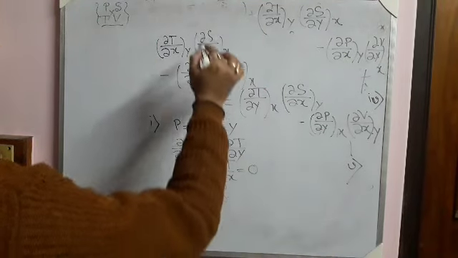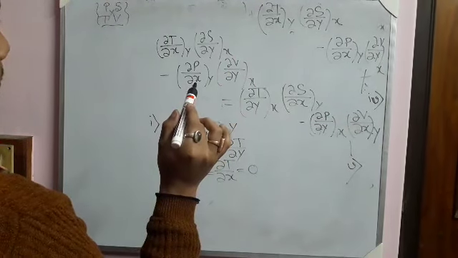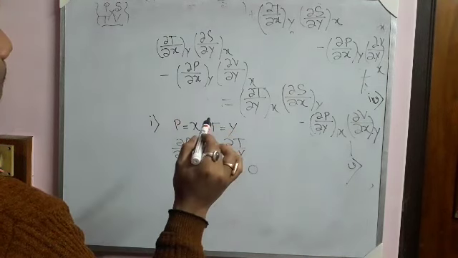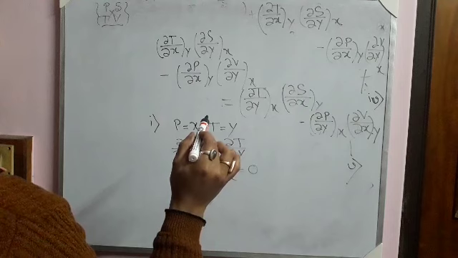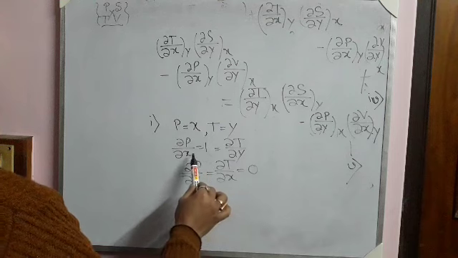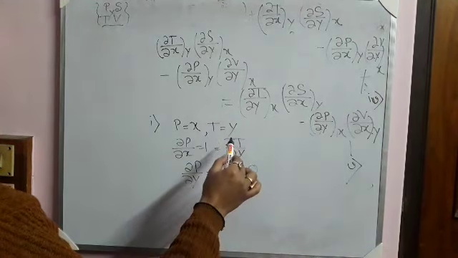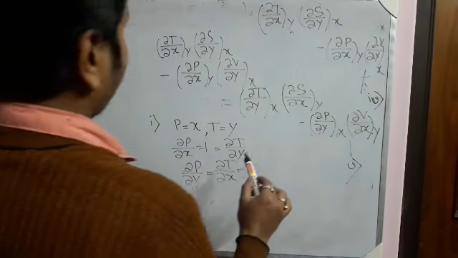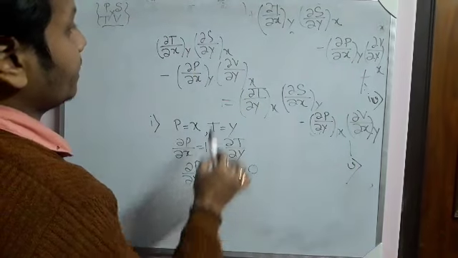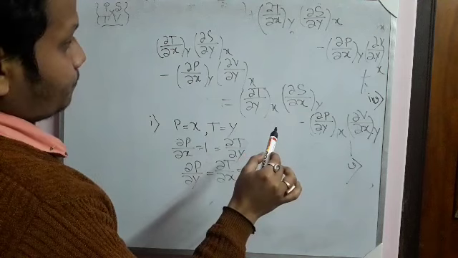Del T del X is 0, that means this term is 0. Del P del X equal to 1, this term is 1, del T del Y is 1, and del T del X is 0, that means this term is 0. Del P del Y, this term is also 0.